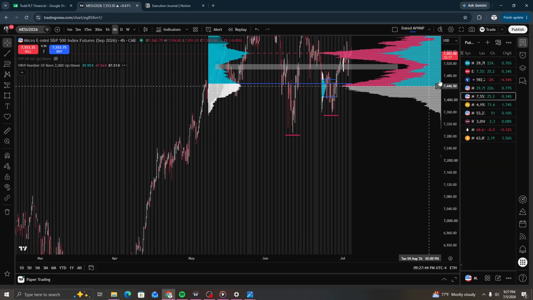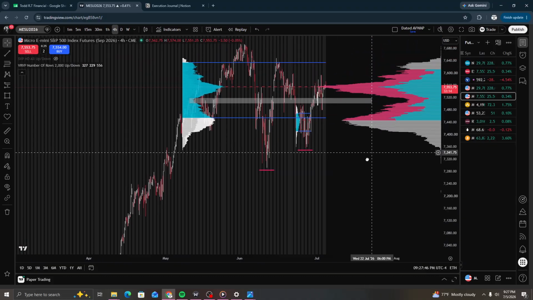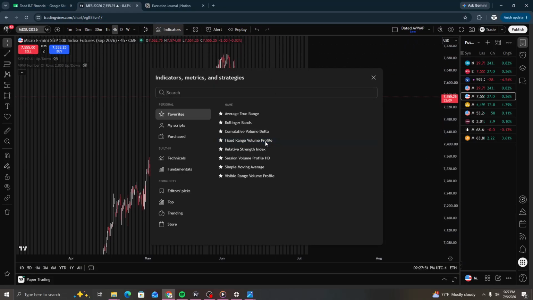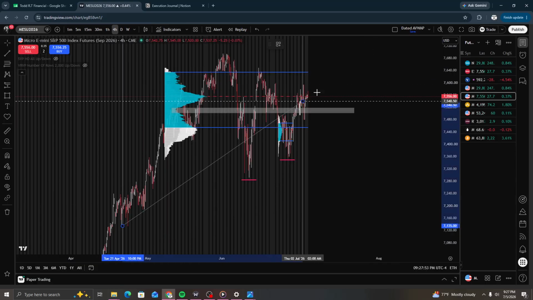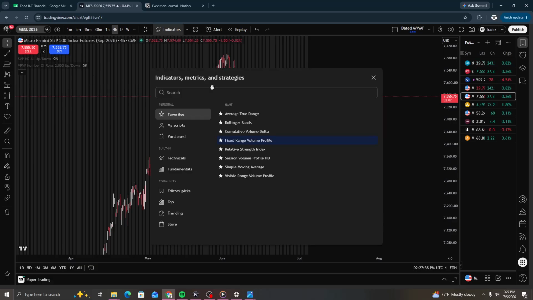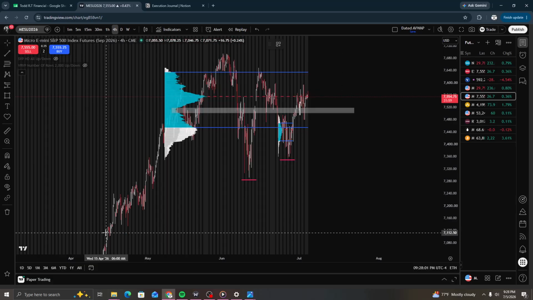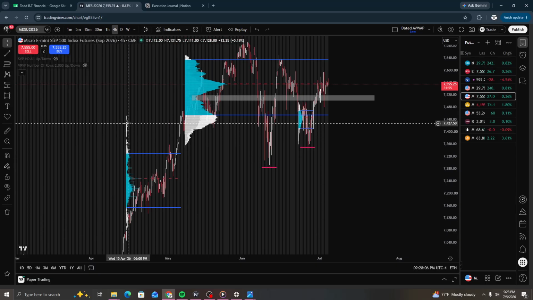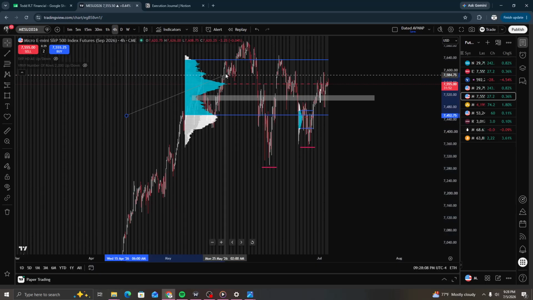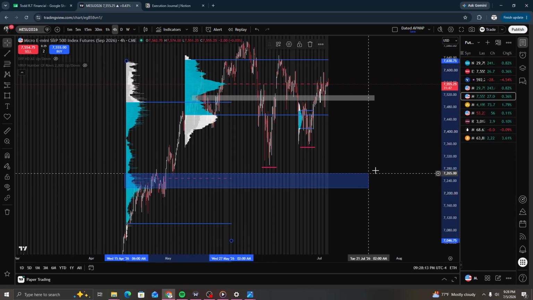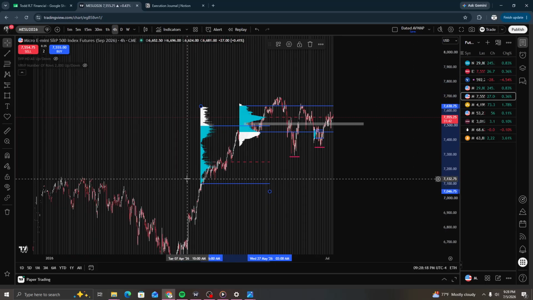If we were to pop on visible range. Yeah, there's just no volume down there. I mean, we have that all the way down there.